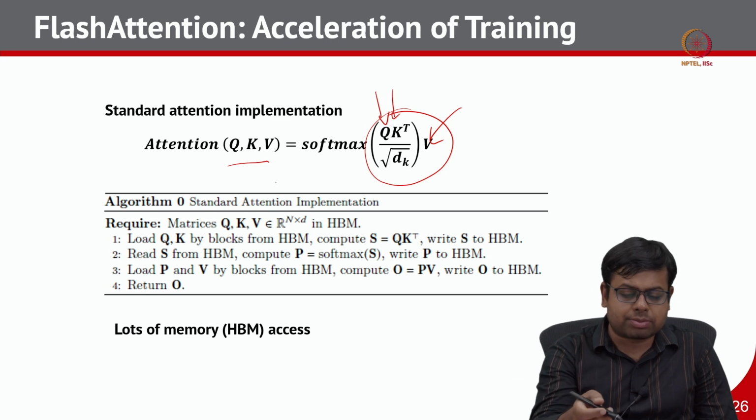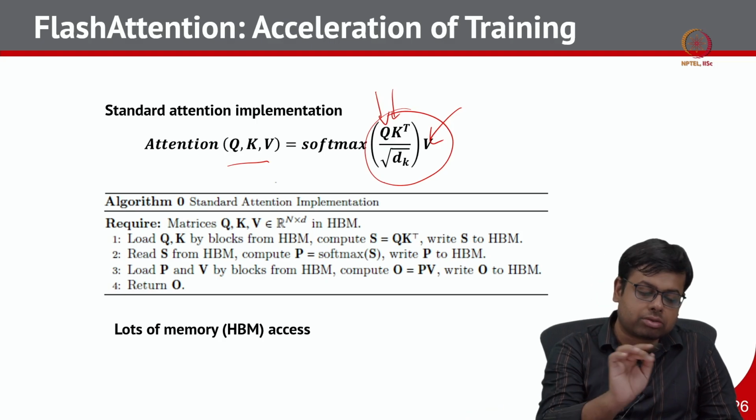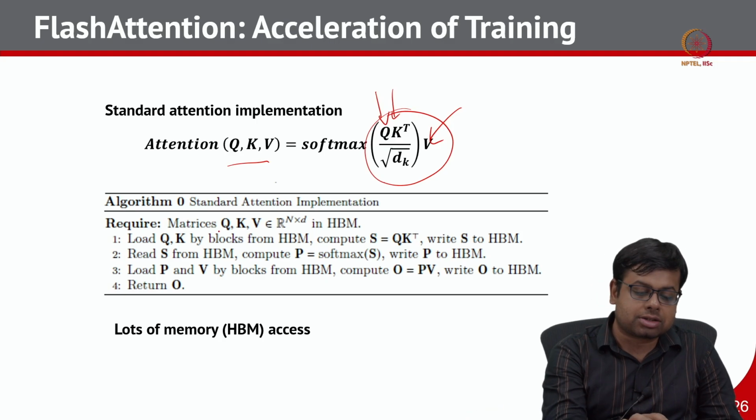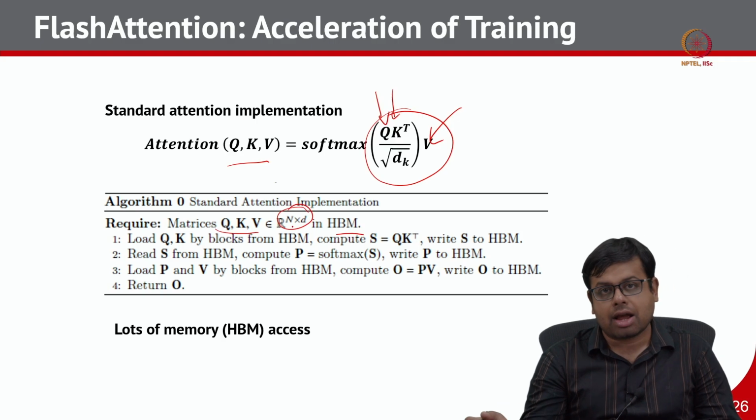So this particular algorithm shows the steps for the standard attention implementation, right. To begin with, we require these Q, K, V matrices, which are of size n by d, in HBM. N is the sequence length and d is the embedding size, right.